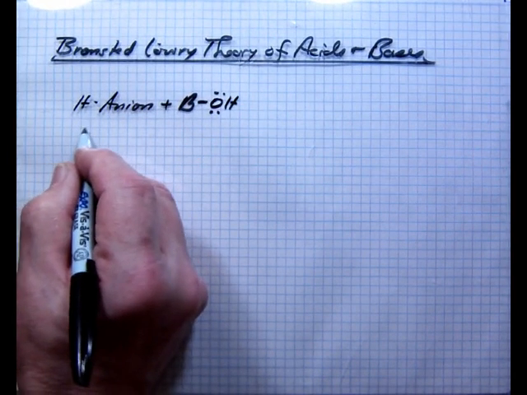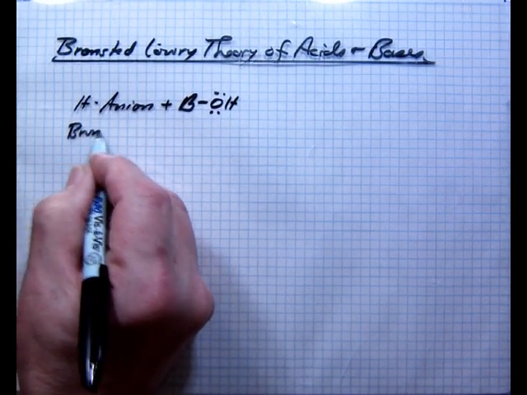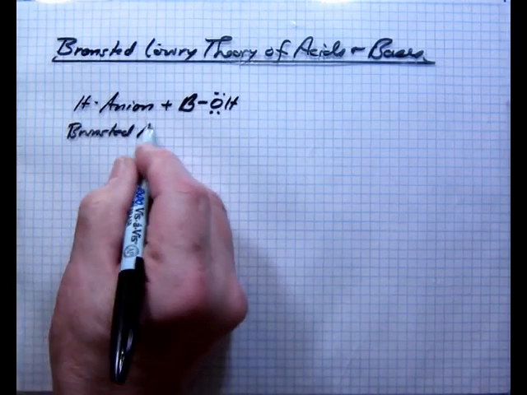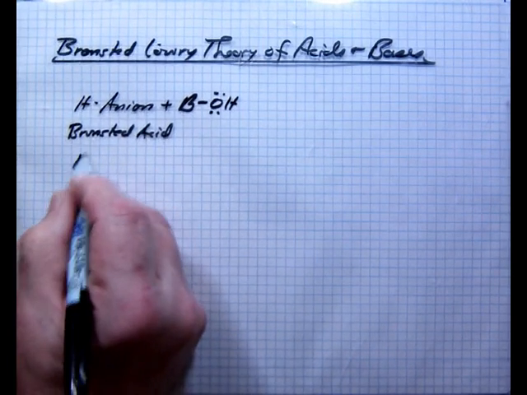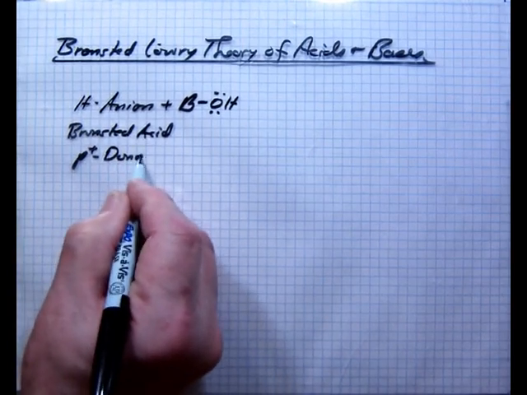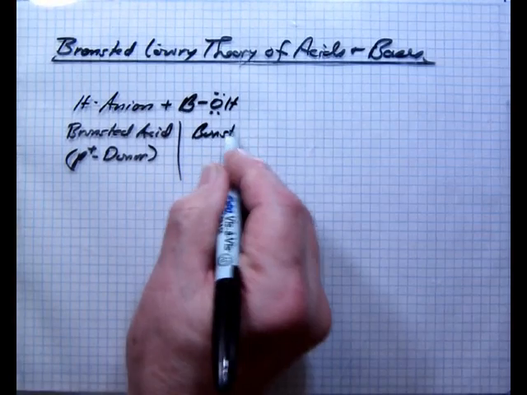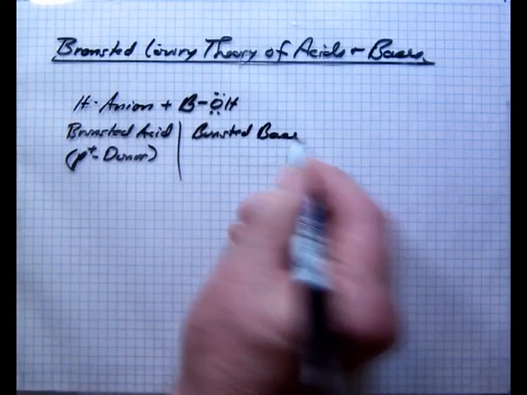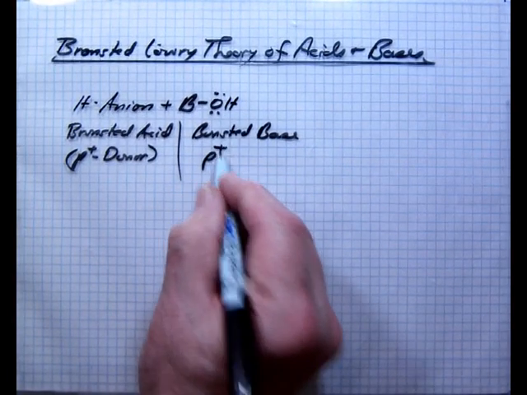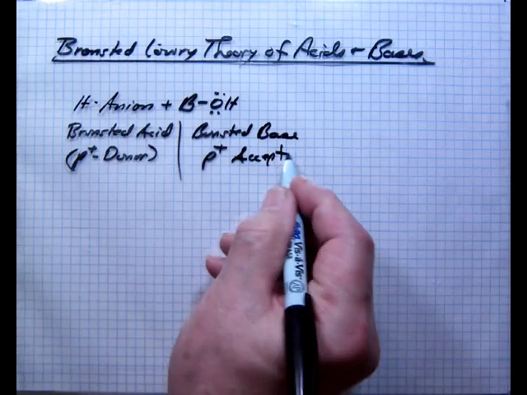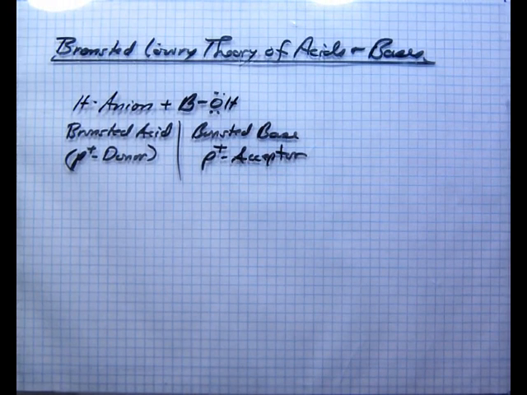So as a Bronsted acid it's a proton donor. As a Bronsted base, it's a proton acceptor. That's how we characterize it.